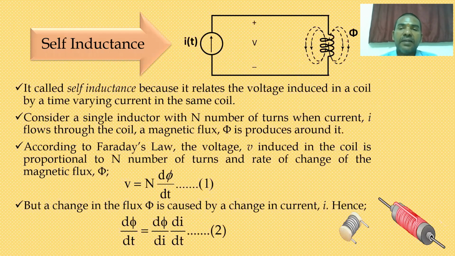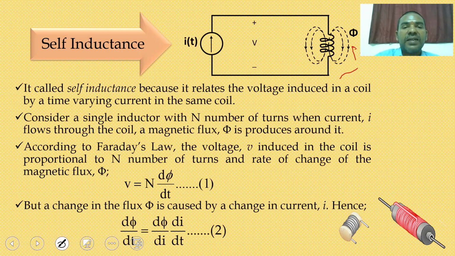Now coming to the example, I have taken a coil. Let us assume the number of turns of the coil is N. The coil is excited by a current i(t). Once the current flows in the circuit around the coil, it will develop a magnetic field.